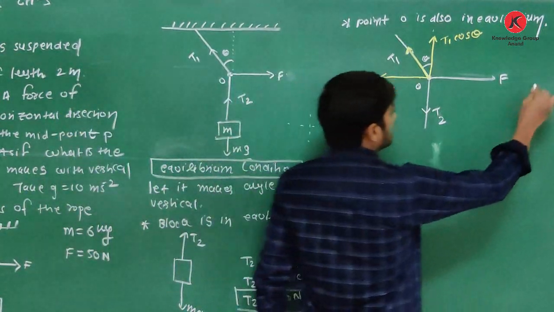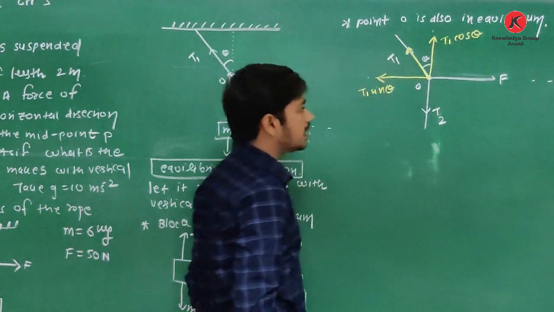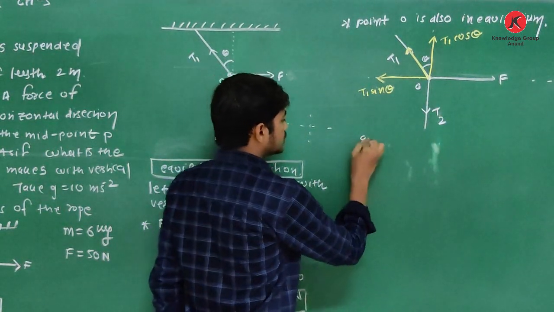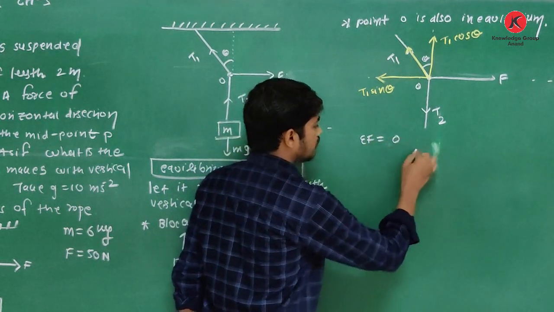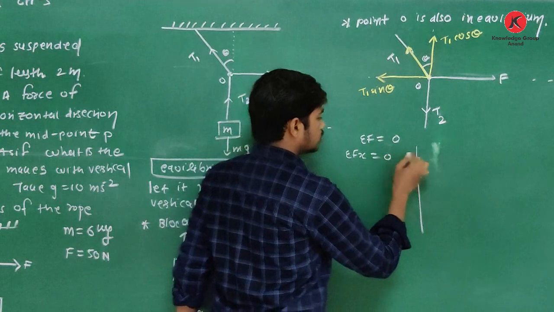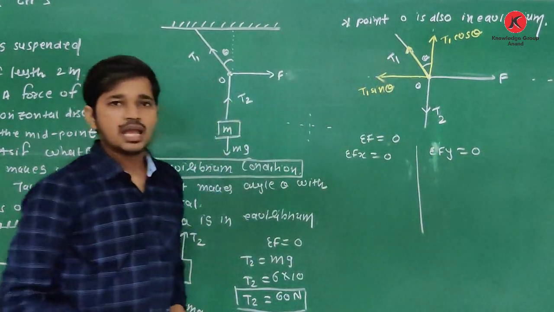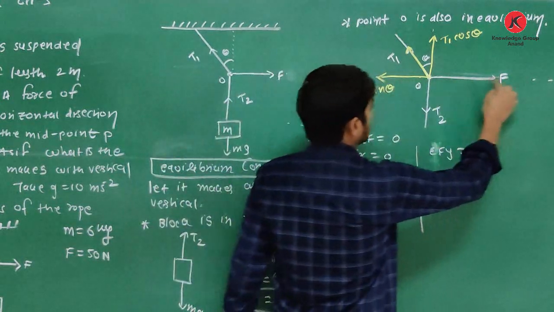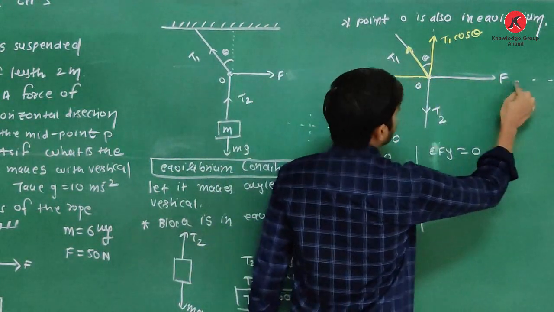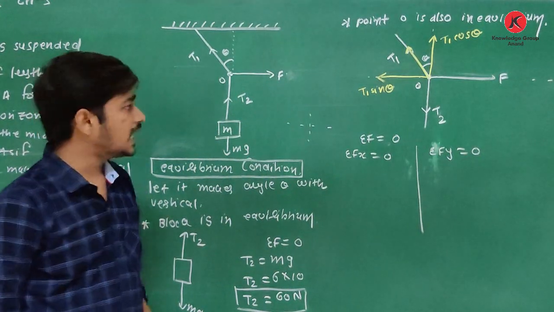Now, as it is in equilibrium, we know that if it is x-axis and it is y-axis, then for equilibrium, sigma F is equal to 0. Sigma F is equal to 0 means sigma Fx is equal to 0 and sigma Fy is equal to 0. Identify the number of forces acting along x direction. Two forces are there.